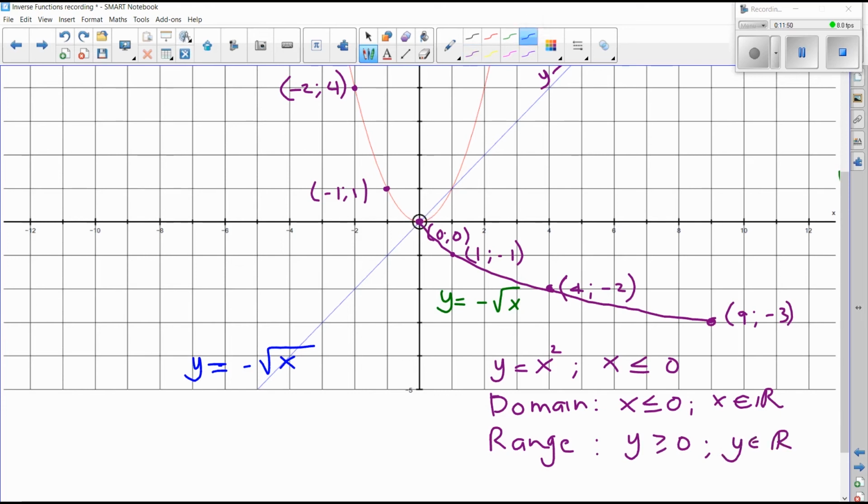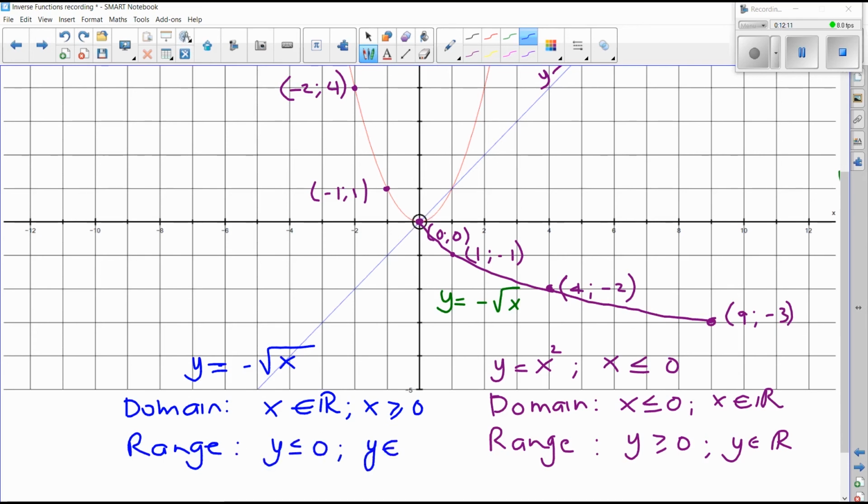Looking at the inverse function, the domain of the inverse function is all positive x values. So your domain is x is an element of real numbers, but x is greater than or equal to 0. And we see that the range is y values less than or equal to 0, and y is an element of real numbers.